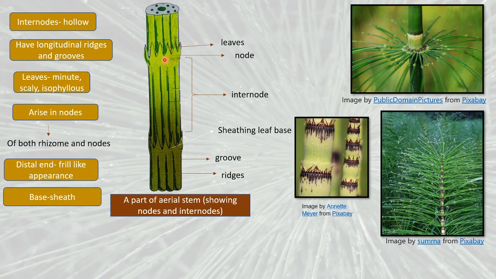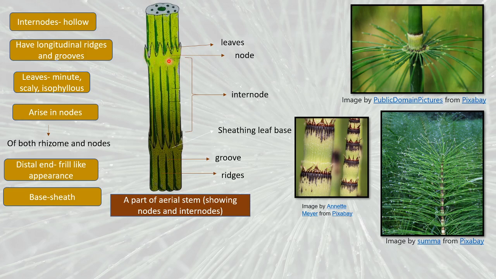So what is actually a sheathing leaf base? The leaf base is actually the petiole, but in many plants the leaf base is broad and it surrounds the stem as an envelope, so you cannot differentiate it. The leaf base is present, the petiole is present, but it is surrounding the whole stem.